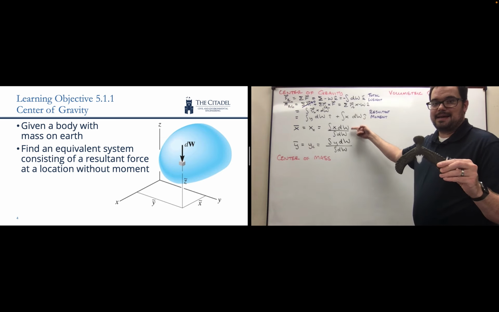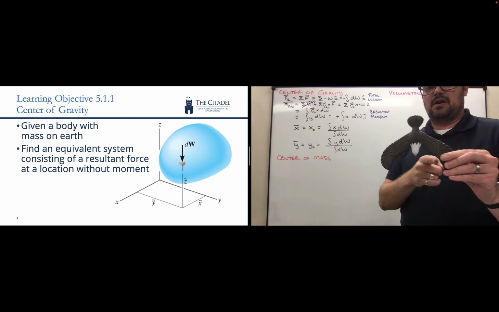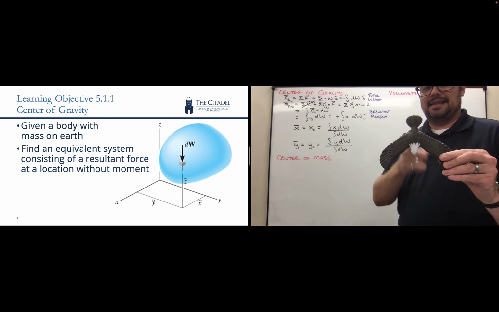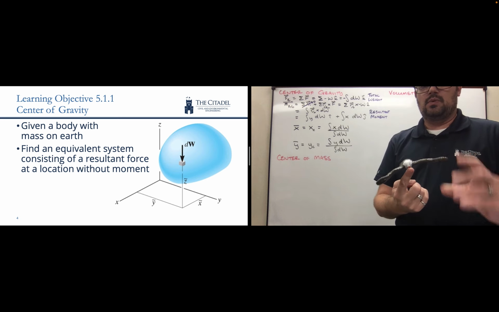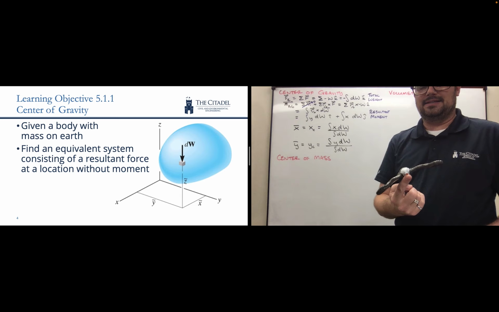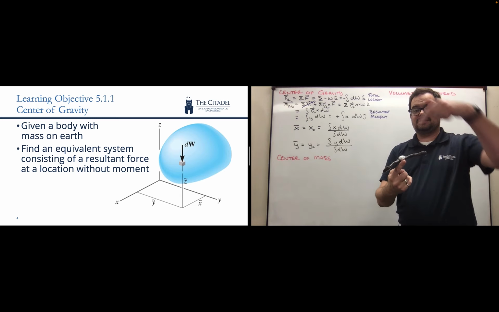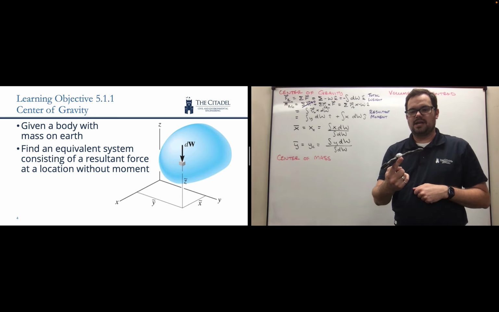We would divide that moment by the overall weight to figure out our x centroid location and then our y centroid location, which turns out to be the beak, like so. So we've come up with that equivalent system, a resultant force at a location underneath the beak. So hopefully that makes sense to you.